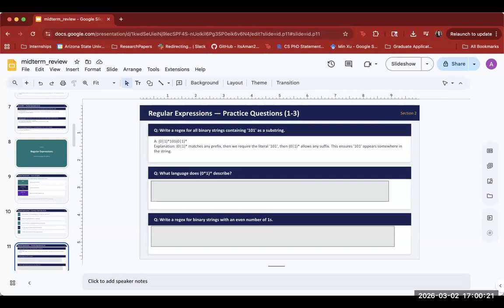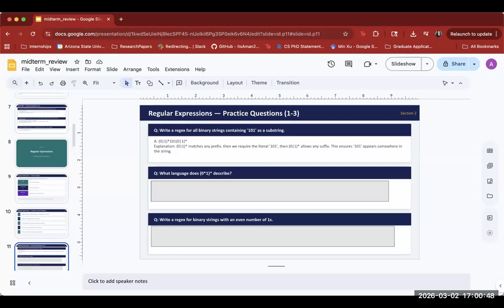So here it says 0, so 0 and then 1 is something that I can see. I can see 0, 0, and then if I have 0, 0, 1 times 1 is something that I can see.